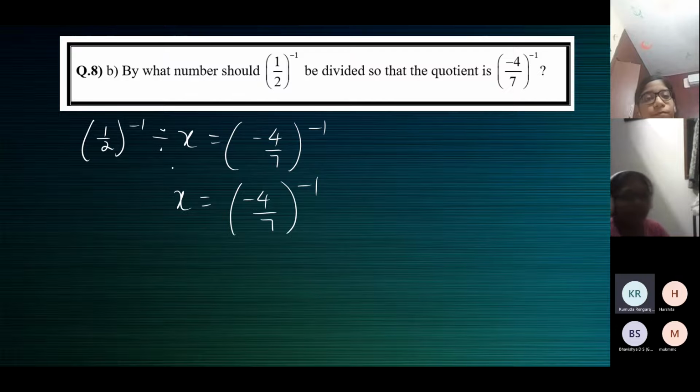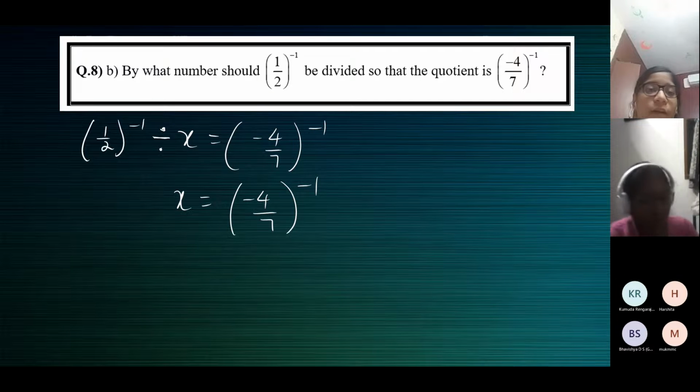How divided by? It's in division, no? So we'll go for multiplication to the other side. Ma'am, first I wrote like that, and then after finding the equivalent, I just multiplied and got the same answer.